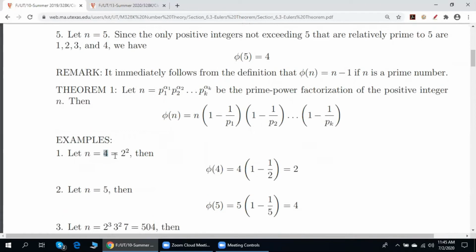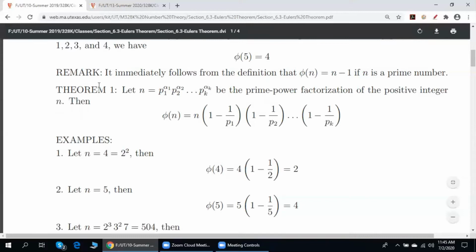Observe that 4 is equal to 2 squared. Therefore, phi of 4 is equal to, here we start with n is equal to 4, times, and now over here we have only one term. P is equal to 2. So 1 minus 1/2 is 1/2. 4 times 1/2 is 2.